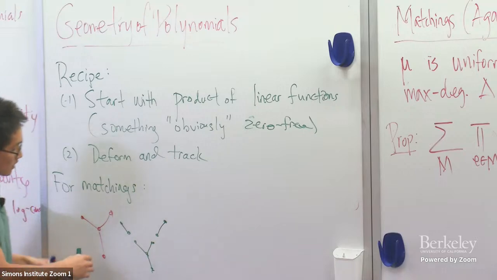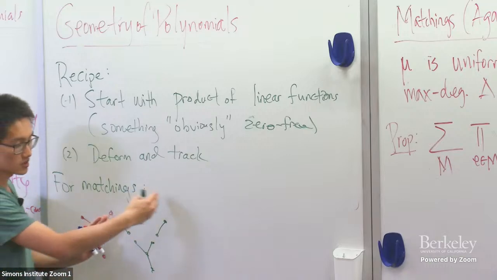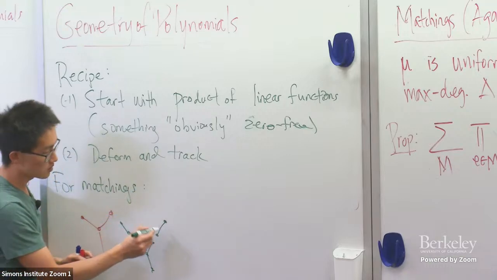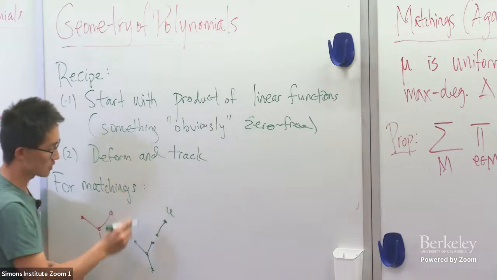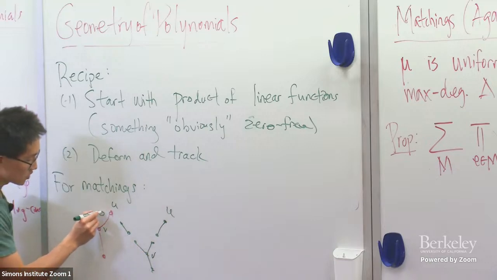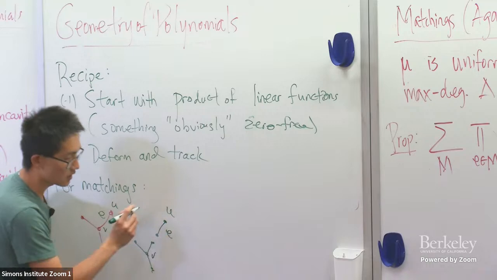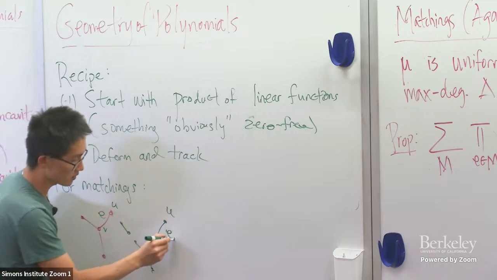Okay, so I have this matching here. I wanted to look at matchings here. I can think of it as looking at matchings here, but now I need, let's say, vertex U, V. So this is an edge E. So I divided this edge E into half edges, and I've identified which vertex it came from.